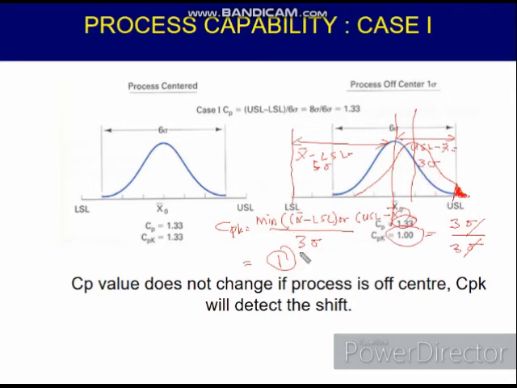So when you calculate the CPK, it will be less than 1, so it will reflect that the process is not capable. Right? So the CP value does not change if the process is off center, but CPK will detect this shift. So that's why CPK is a better measurement of process capability compared to CP. Okay.